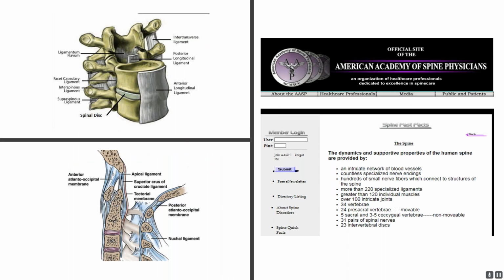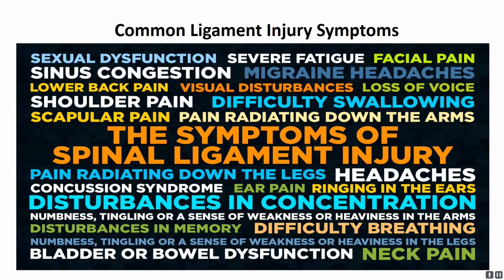There are more than 220 ligaments in the spine that can be sprained, and only 23 of those are discs. So a very small percentage of the ligaments of a spine are actually discs. That's why we have so much problem with the over-reliance on MRI, because so much information about a ligament injury does not show up on an MRI, right?